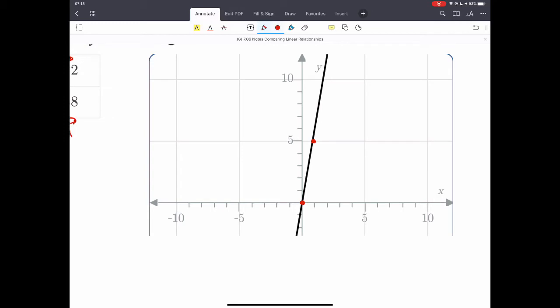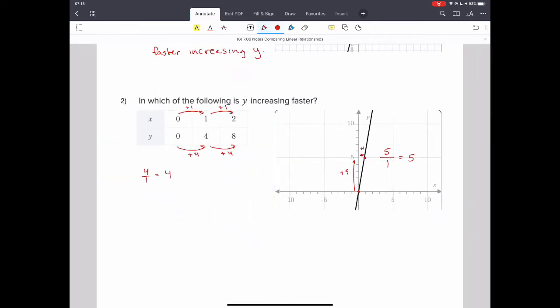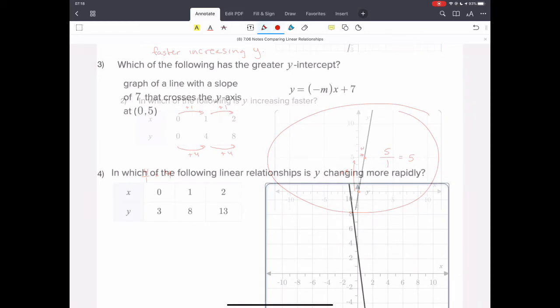So that looks like 1 on the x, 5 on the y. So I'm going to count up from 0 to 5, which is plus 5. And then we went over 1. So that is a rate of 5 to 1, or 5. So in this example, the graph has the y that increases faster.